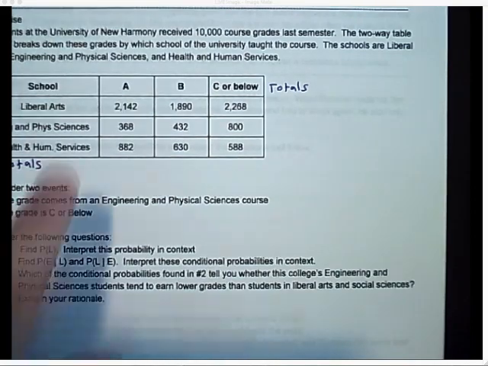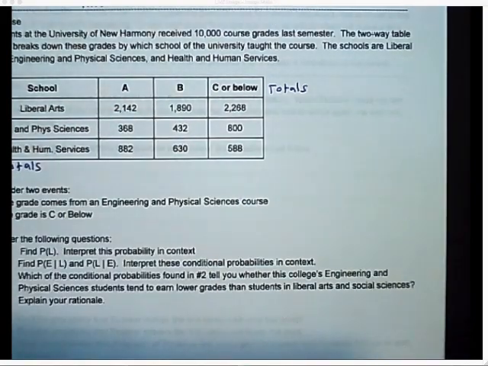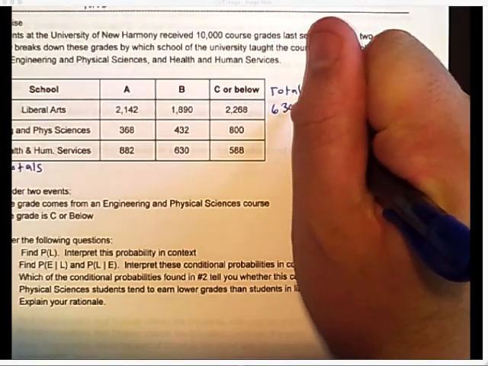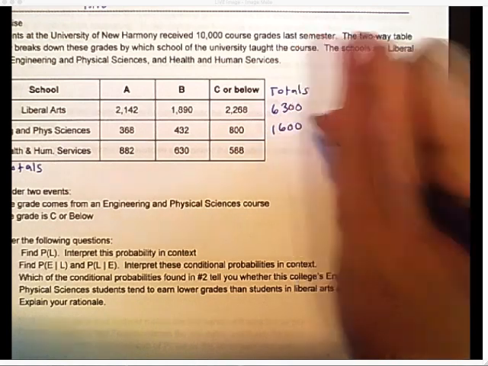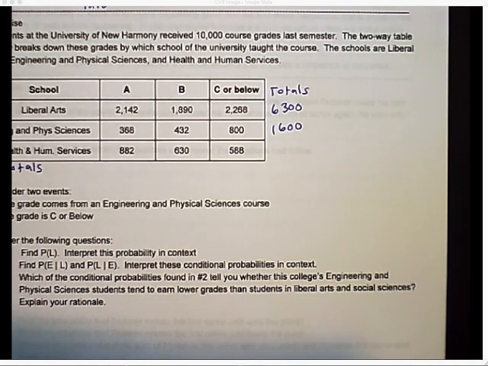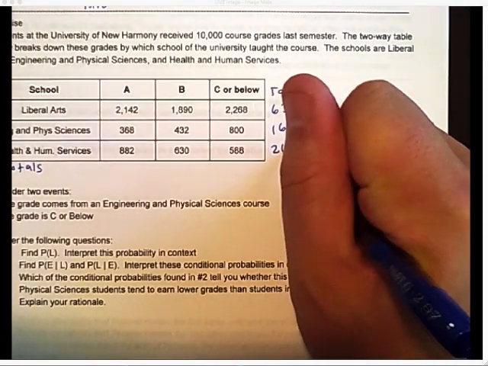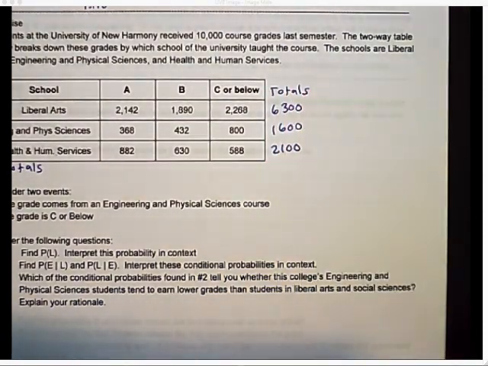Let's go across first: 2142 plus 1890 plus 2268, that's 6,300. 368 plus 432 plus 800, that's 1,600. 882 plus 630 plus 588, that's 2,100. If I add these down, it should be 10,000 because they told me that in the problem.